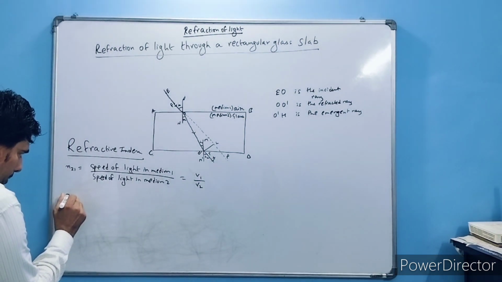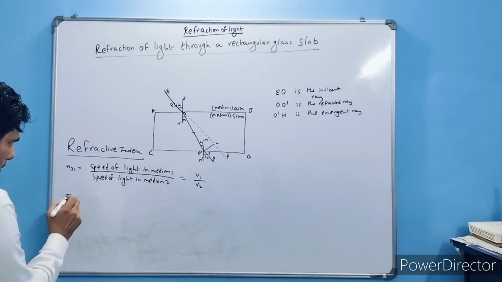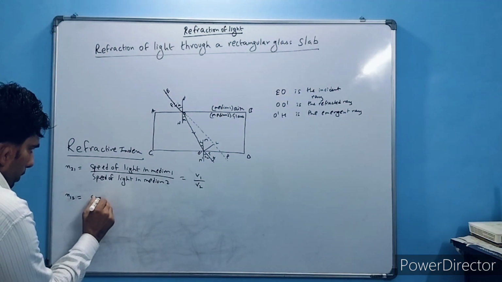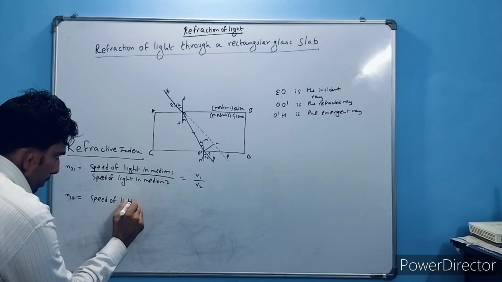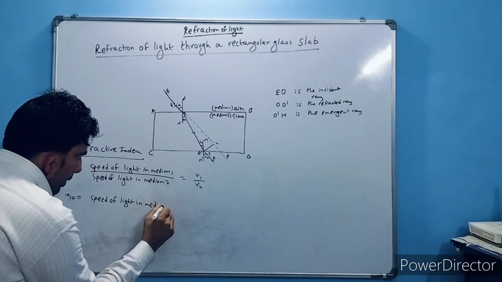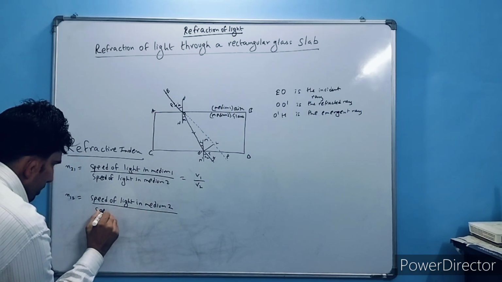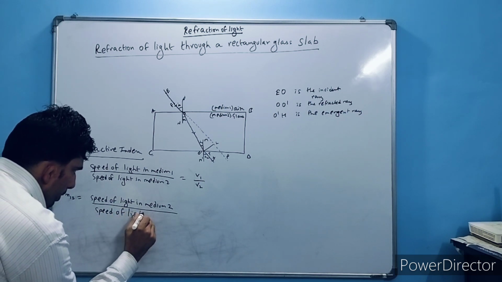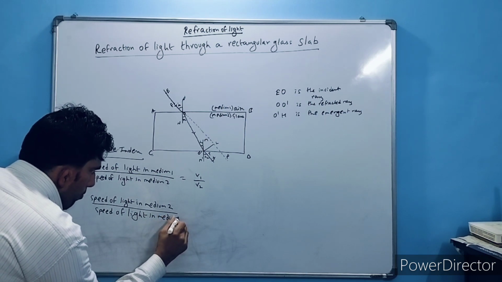Similarly, if I try to find the refractive index of the first medium with respect to the second, it will be the speed of light in medium 2 upon the speed of light in medium 1.